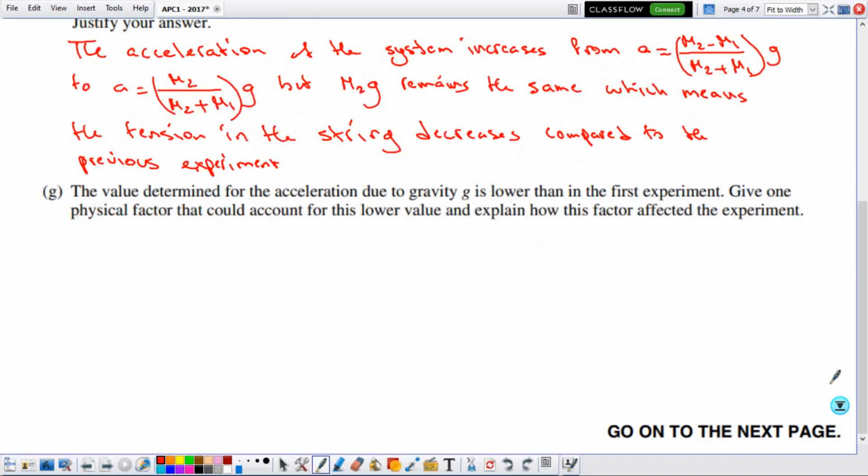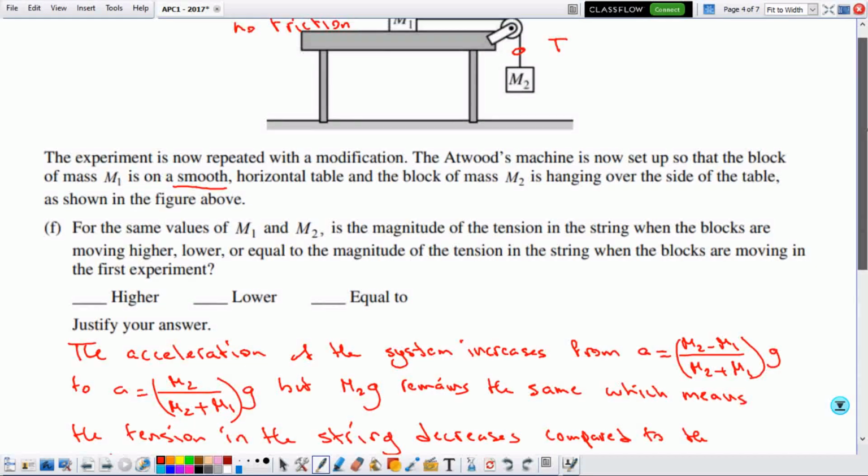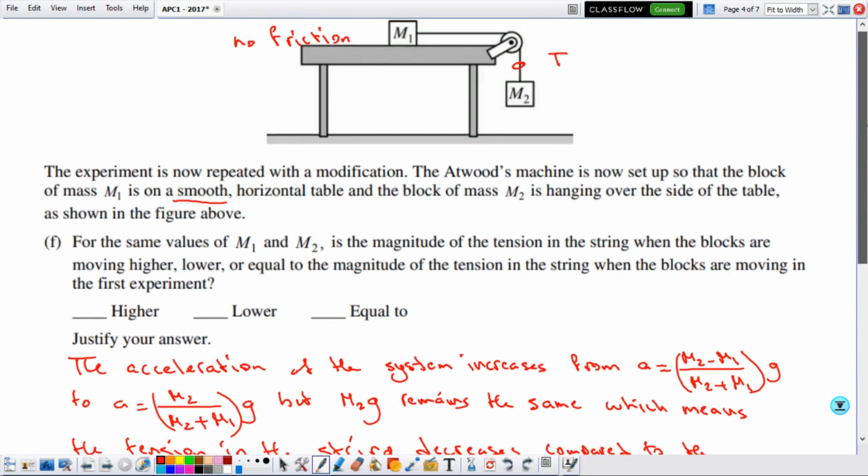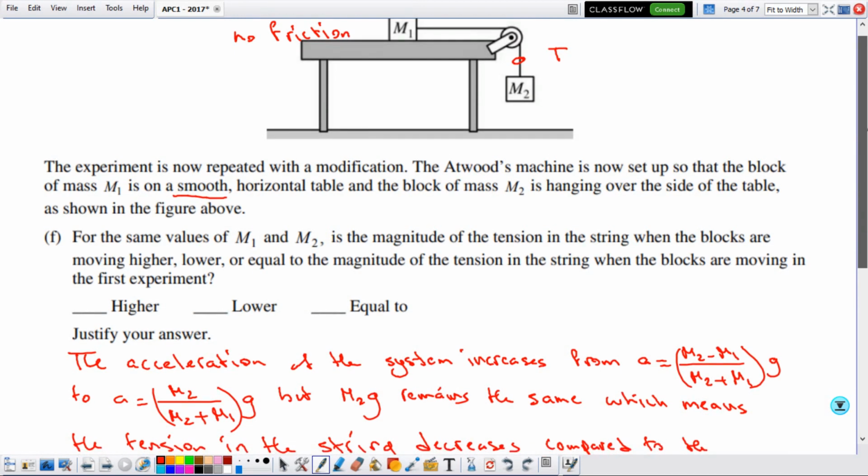Now in part A, they're telling you the value determined for the acceleration due to gravity g is lower than in the first experiment. Give one physical factor that could account for this lower value and explain how this factor affected the experiment. Now in the previous experiment, the blocks were hanging vertically. Now in this experiment, one of them is sliding on a table and the other is vertical.